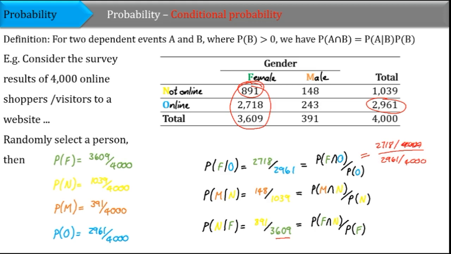So you'll see what happens, the 4000s cancel and we're left with 2718 over 2961, which is exactly this over here. And the same is going to happen with the others. Okay, the sample sizes will cancel out and we're simply left with the numerators because, like I said before, the sample size changes because of something that happened before. Okay, we are conditioning.